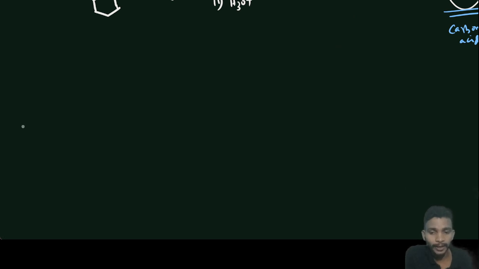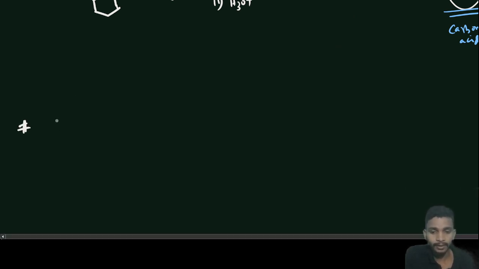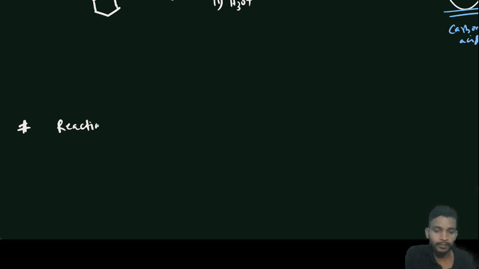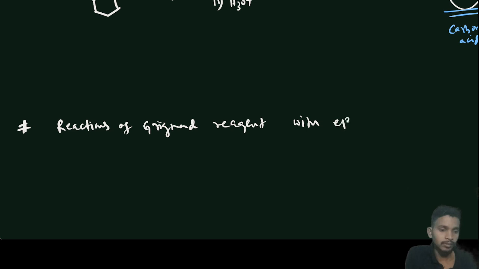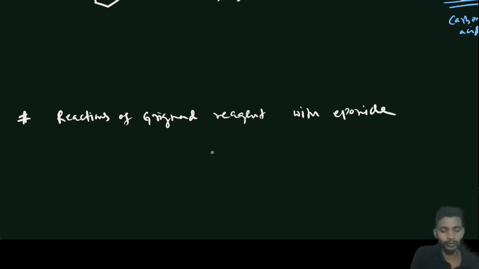Similarly, the reactions of Grignard reagents with epoxide. The Grignard reagent also reacts with an epoxide to form a CC bond.